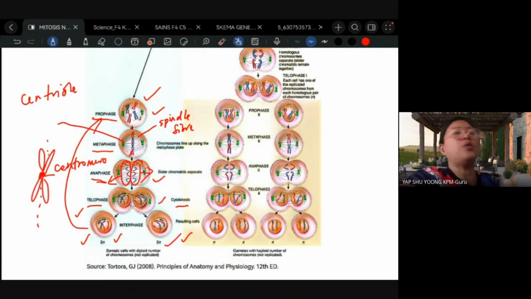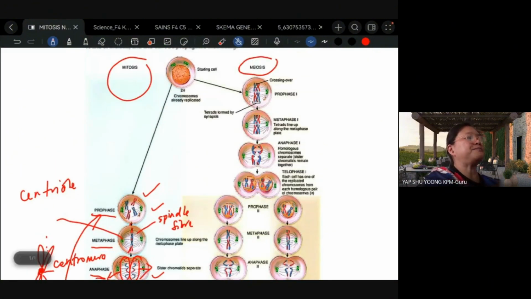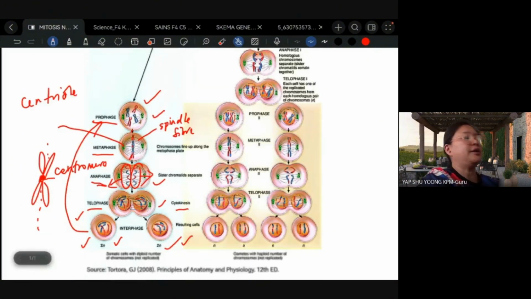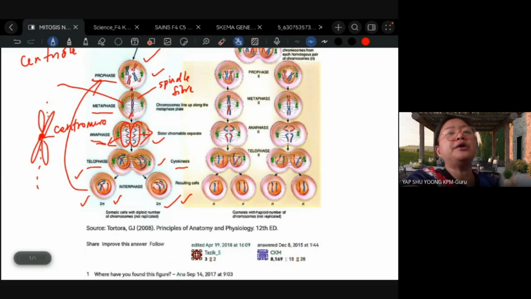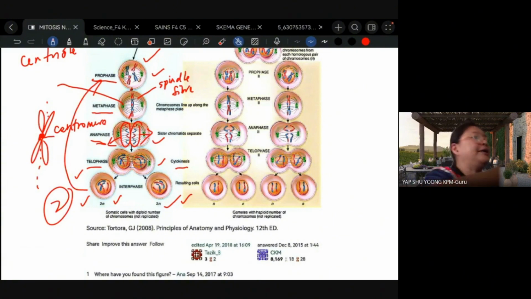So we can say that one round of mitosis produces 2 daughter cells, and the daughter cells are exactly the same as the parent cell.